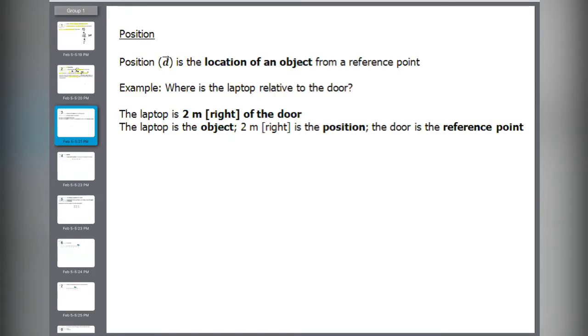All right, so specific definitions. What is position? We use position with the symbol D with an arrow. Okay, it's telling you where it is, the location of the object. But very importantly, if I say, Peter, I'm going to meet you at 2 meters, you'll be like, where?